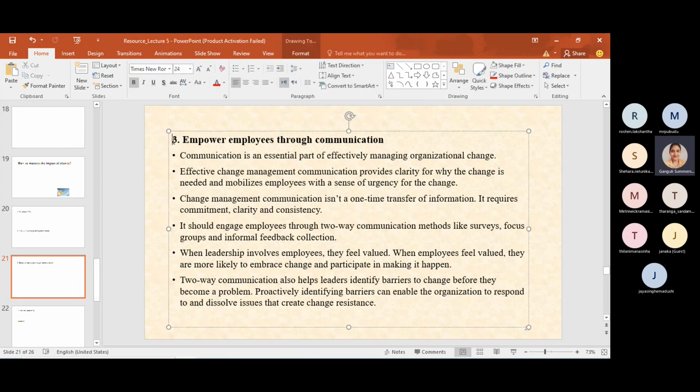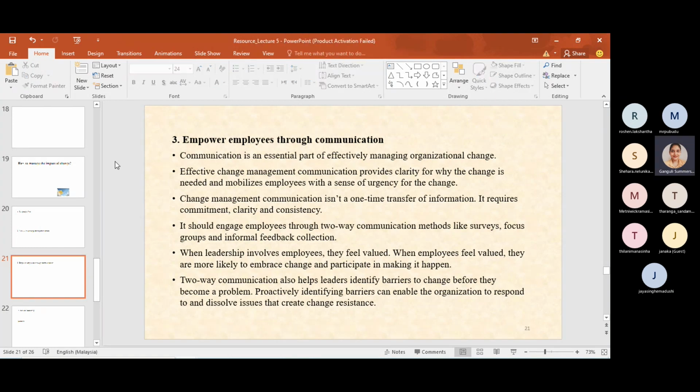And empower employees through communication. This is also one thing you can do to manage the impact of changes. You can empower your workers by communicating with them.